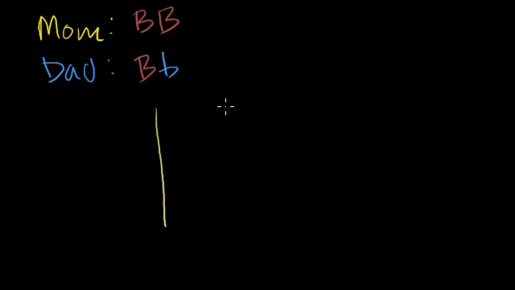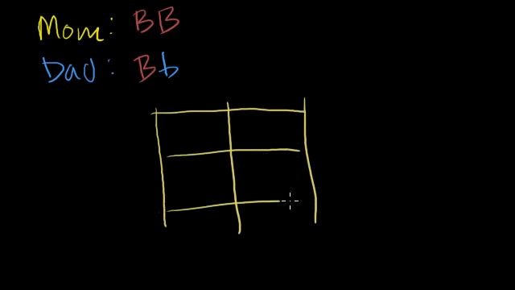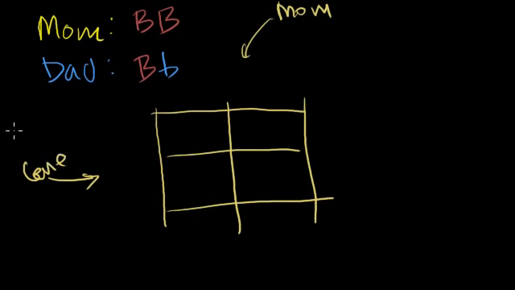So let me draw a grid here. Draw a grid right there. And up here we'll write the different alleles that mom can contribute. And here we'll write the different alleles that dad can contribute. All right.